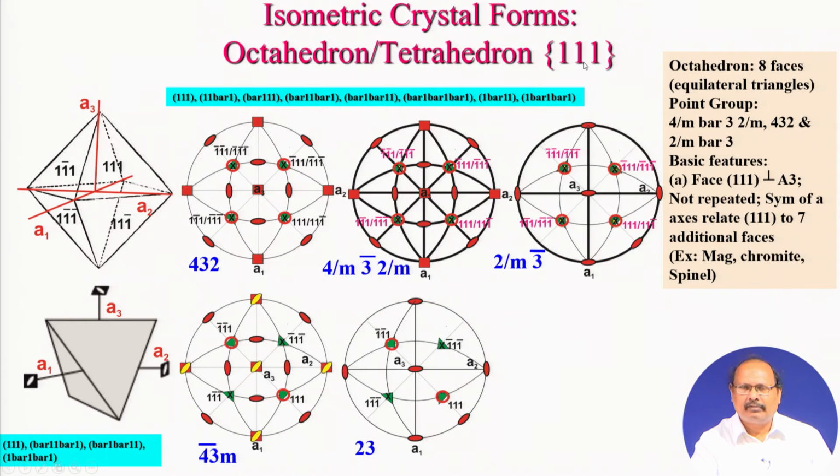If you have a face which is perpendicular to the triad, immediately you know the triad will have no role on this 111 face. So the triad will not generate additional faces from 111.